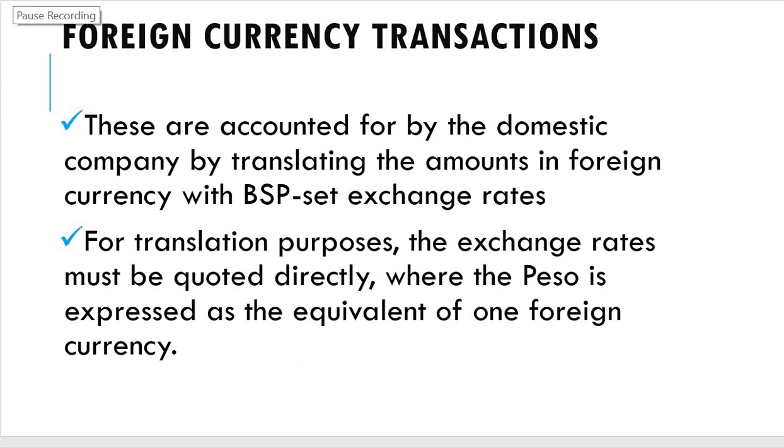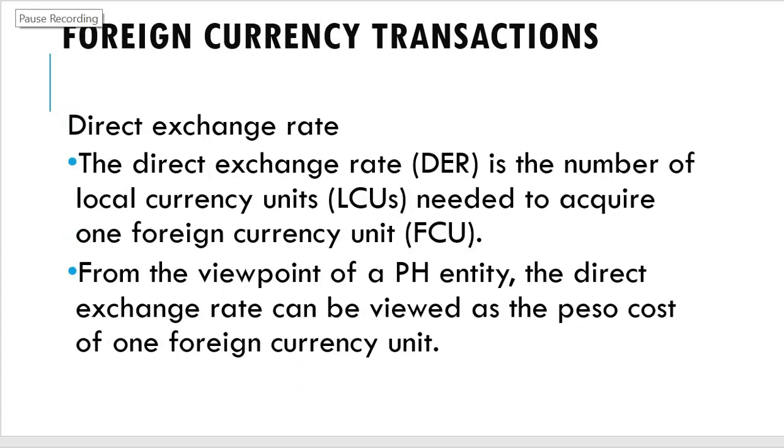So these transactions are accounted for by the domestic company by translating the amounts in foreign currency with the BSP set exchange rates. For translation or conversion purposes, the exchange rates must be quoted directly, kasi we do have direct exchange rate and indirect exchange rate, where the peso is expressed as the equivalent of one foreign currency. The direct exchange rate, or DER, is the number of local currency units needed to acquire one foreign currency unit, or FCU.